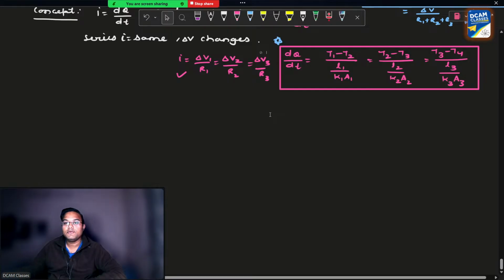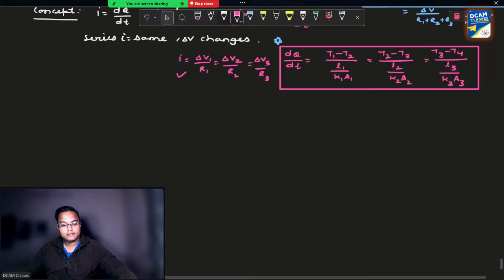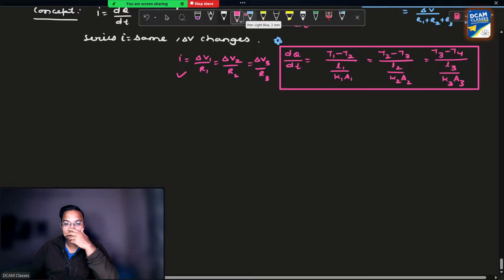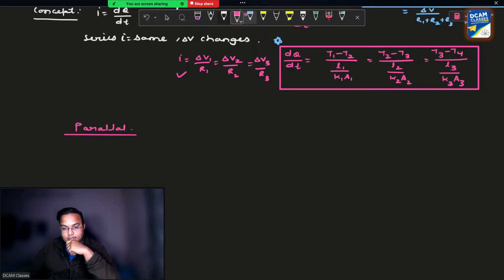Now if I give you the example for parallel, parallel combination means one is this, the other is this.